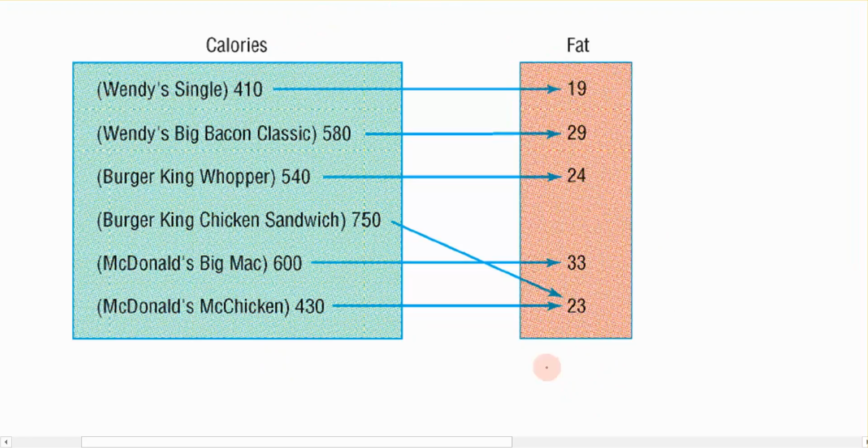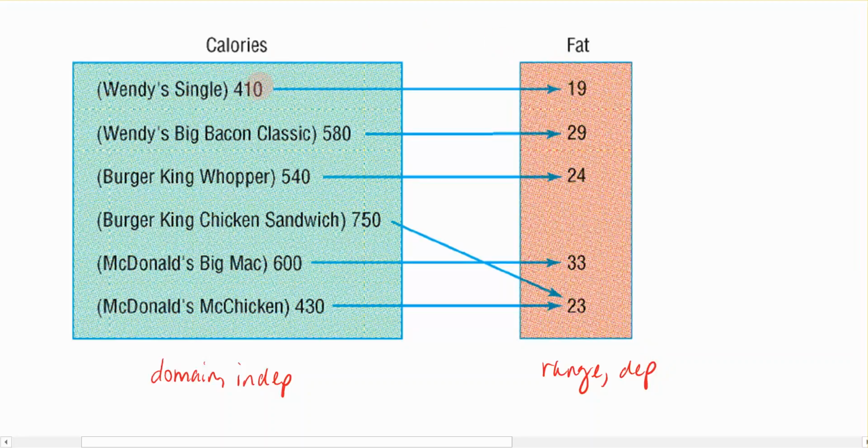So that tells me then that the calories would be domain and therefore independent, and the fat would be the range and therefore dependent, right? Because the fat depends on the calories.